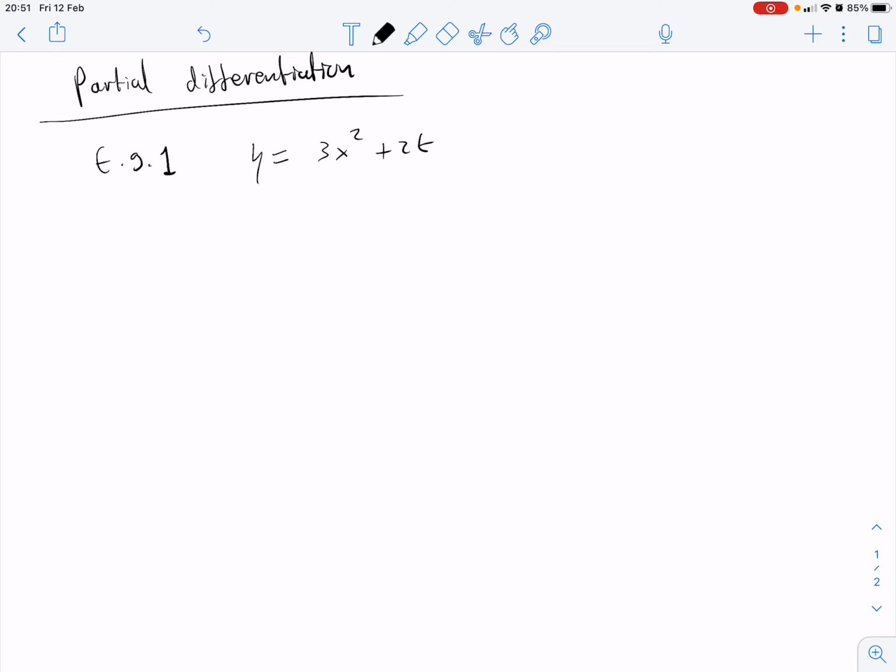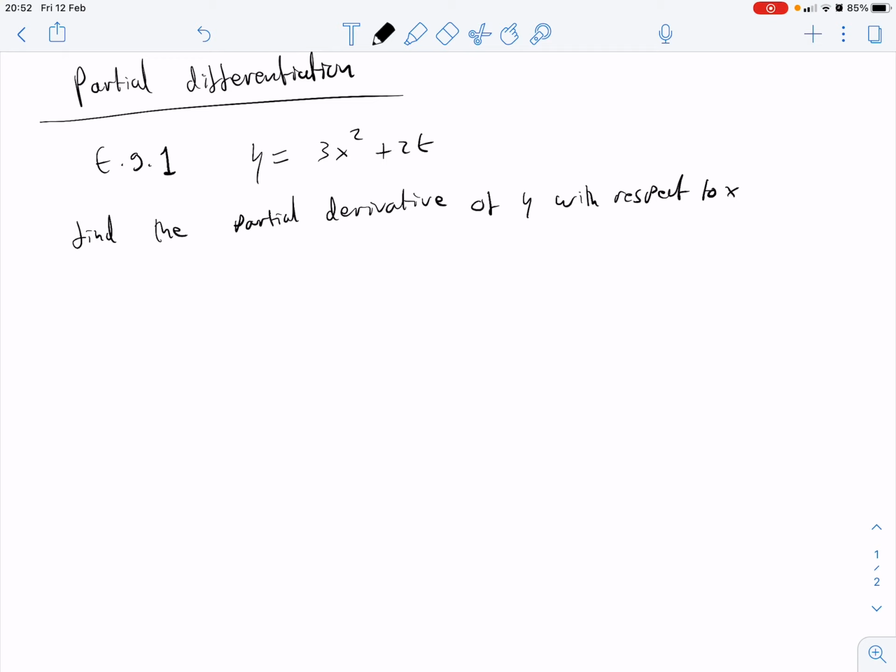Now the question asks, find the partial derivative of y with respect to x.